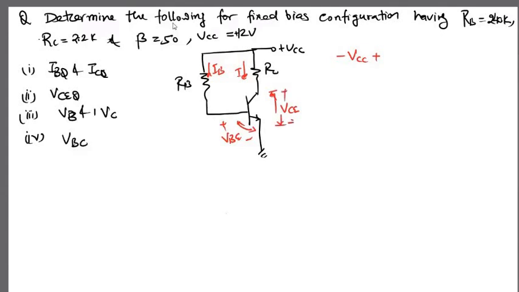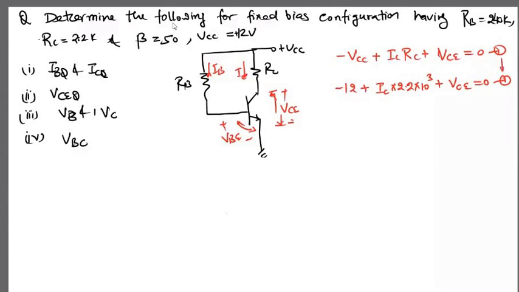Minus VCC plus ICRC plus VCE equals 0. This is equation number 1. Can we put in the values? Minus 12 plus IC into RC, RC is 2.2 into 10 raised to the power 3, plus VCE equals 0. Equation number 1, that is the modified one.